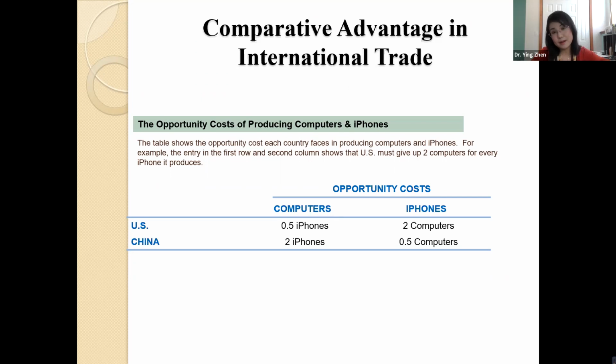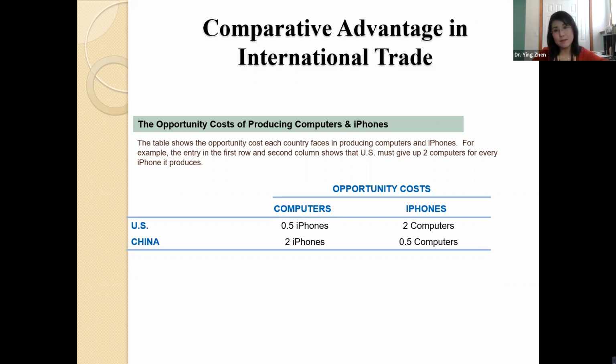You could come up with other terms of ratio, but you cannot say, how about 1 iPhone for 3 computers? Now the terms of trade would be beyond their opportunity costs. So this wouldn't work. The reason is very simple, because if we assume 1 iPhone for 3 computers, then the US will not agree to trade.